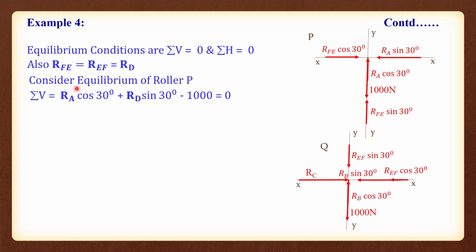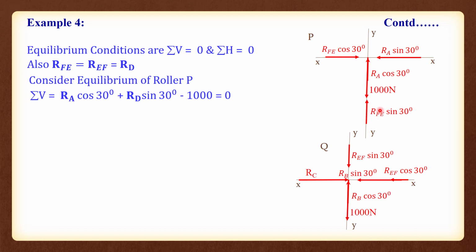Now let us consider the equilibrium of roller P. So sigma V equal to 0 implies, how many vertical forces are there? There are 3 vertical forces. 2 are acting in the upward direction and 1 is acting in the downward direction. So RA cos 30 plus RD sin 30. From where you got this RD? I am replacing this REF and RFE as RD.